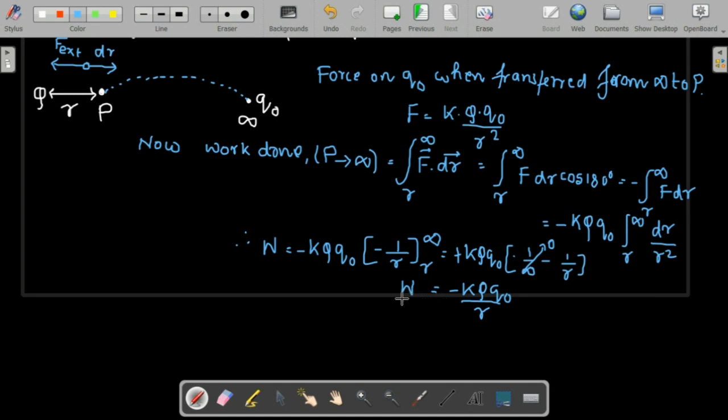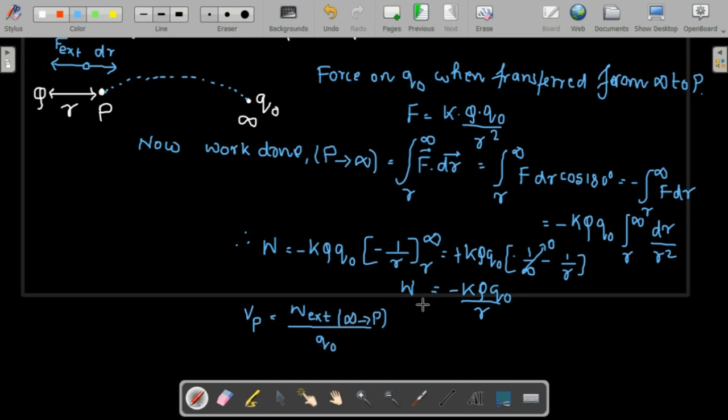But what is the definition of potential? Potential, V, is equal to W external in order to take it from infinity to P, divided by Q naught.